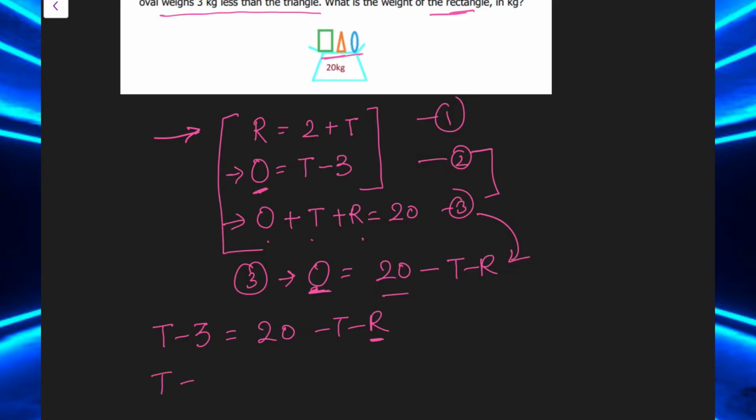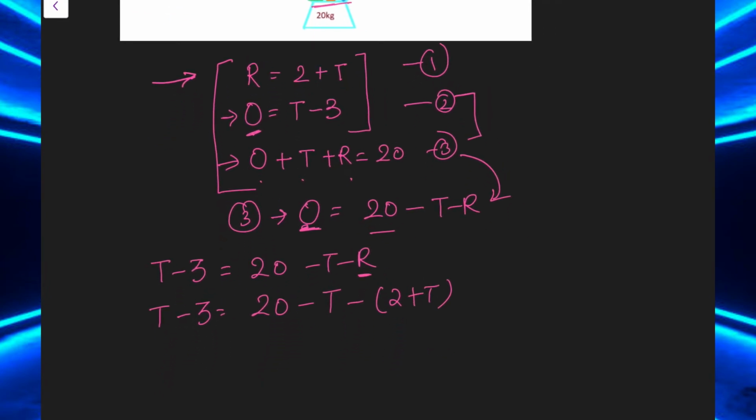R equals 2 plus T, so we can substitute that value here. 20 minus T minus (2 plus T). And now we have one equation just in one variable. We can work it out. T minus 3 equals 20, take away T, minus 2, minus T. And now we can try to solve it. We can bring all the T's on one side.